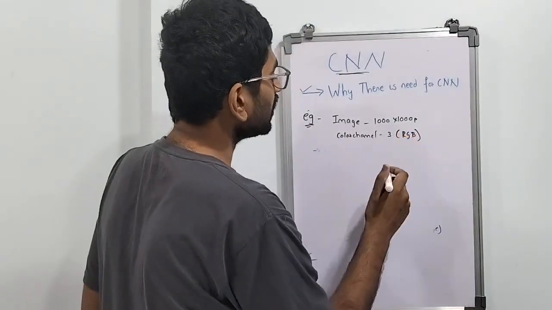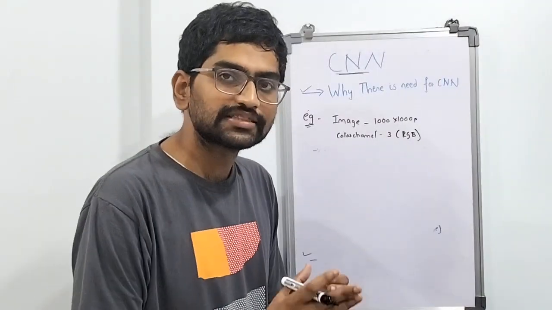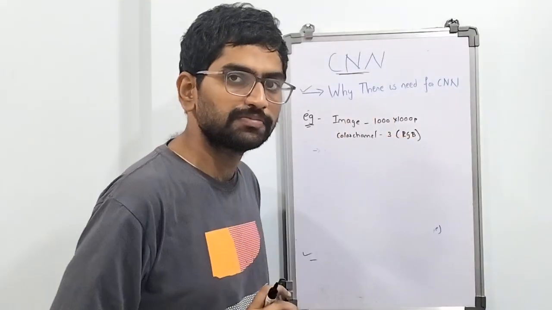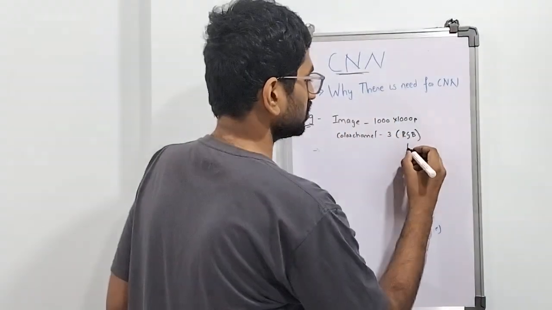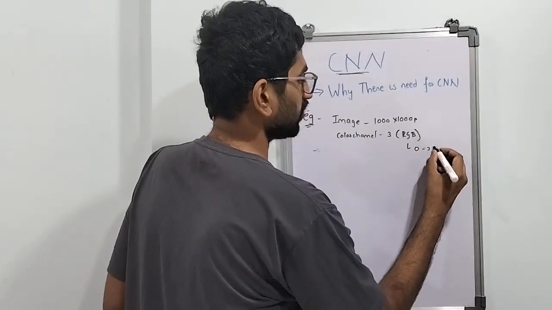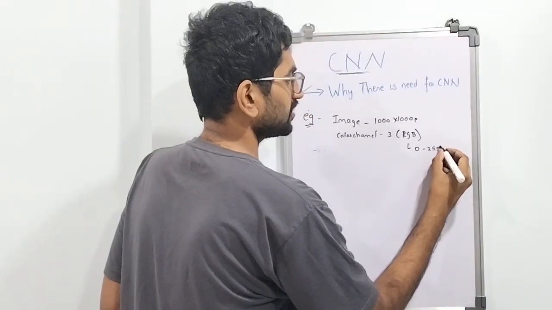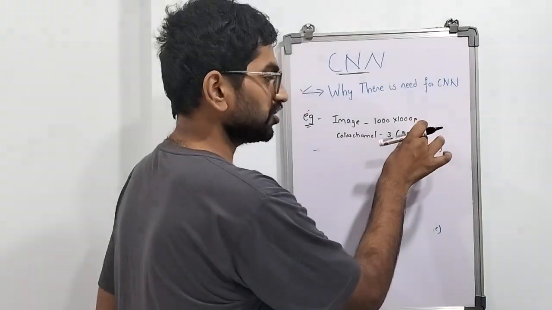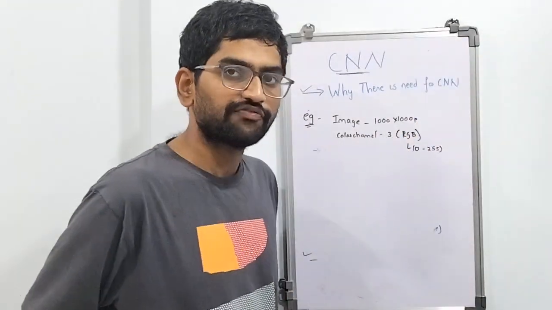So if the color channel is 1, it is a black and white image; with color channel 3, it is an RGB image. RGB values range from 0 to 255, where 0 represents black and 255 represents white, and the combination of all three leads to white.